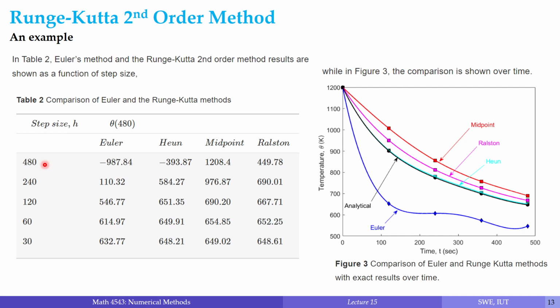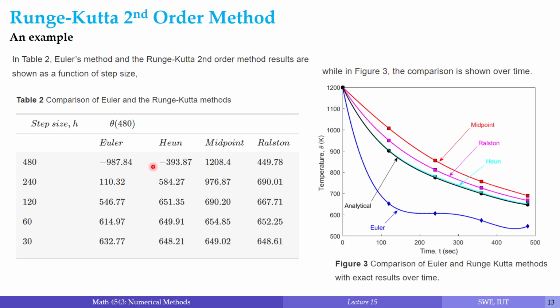Okay, so while taking the step size h as 480 seconds, we have seen that our Euler's method gives us a very bad approximation of minus 987.84, right? Compared to that, our RK2 approaches are giving somewhat closer approximations to the actual value.